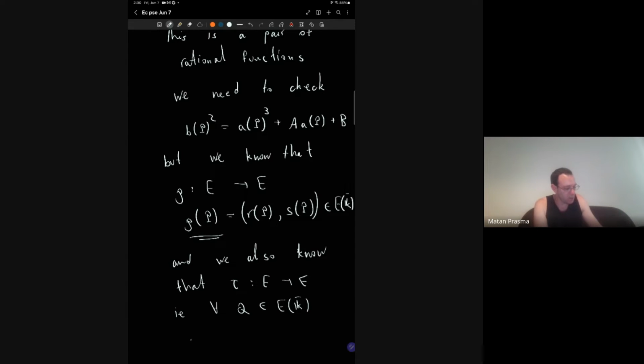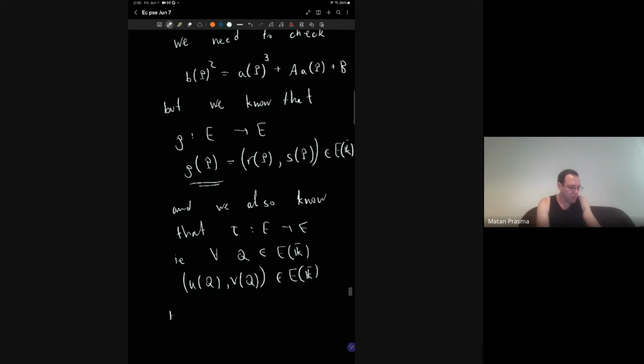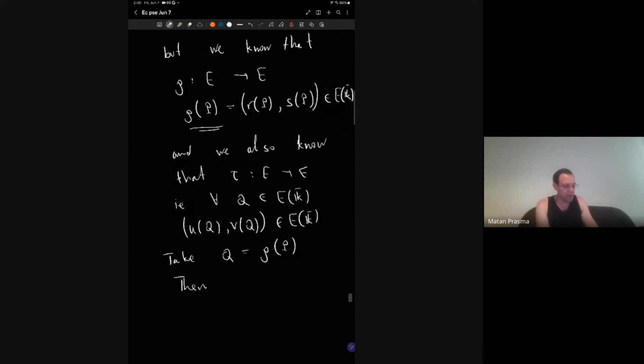So for any Q, (u of Q, v of Q) is guaranteed to be a point on E. So take Q equals rho of P, then we get that (a of P, b of P), the point we want to check is on E, is guaranteed.